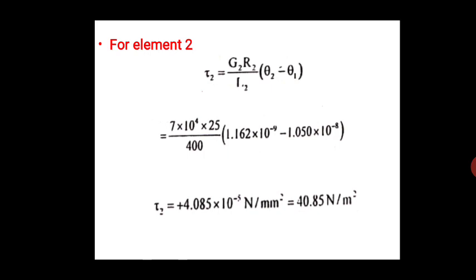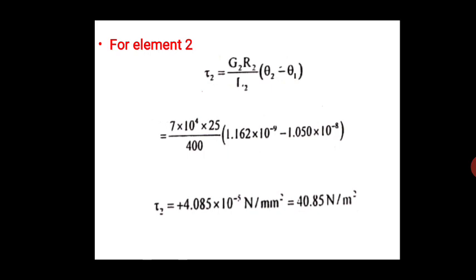Solving this equation, we have the shear stress in element 2 as 4.085 into 10 raised minus 5 Newton per mm square, or in terms of meters we can write it as 40.85 Newton per meter square.